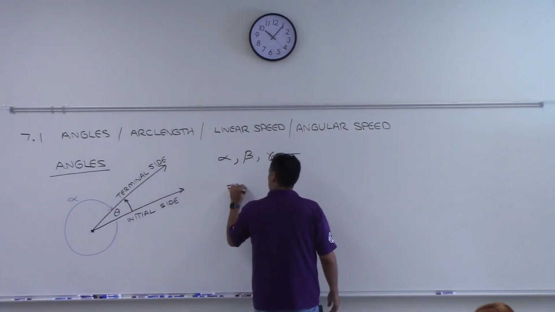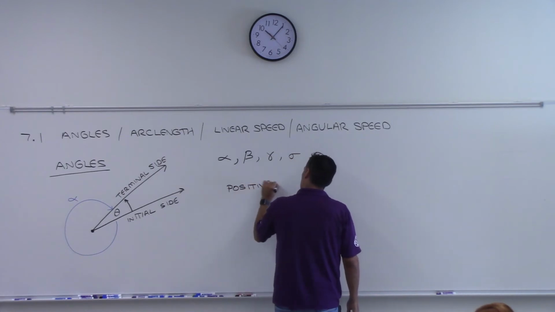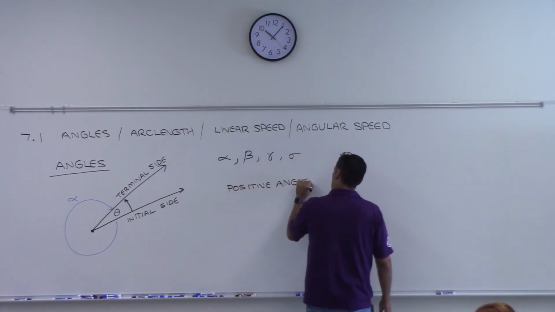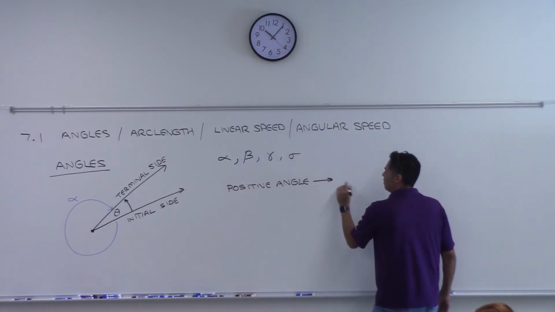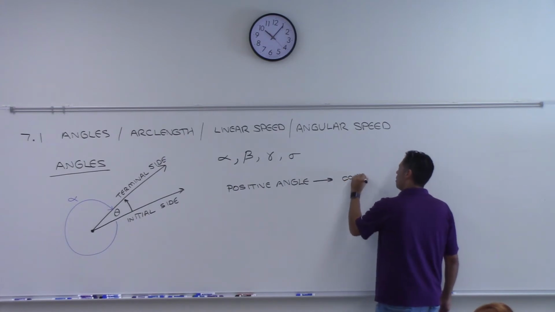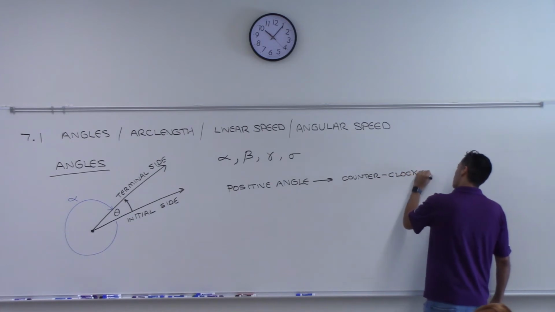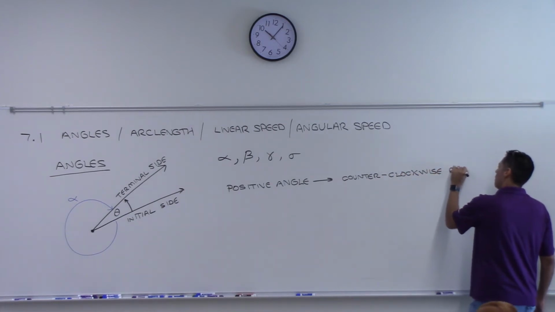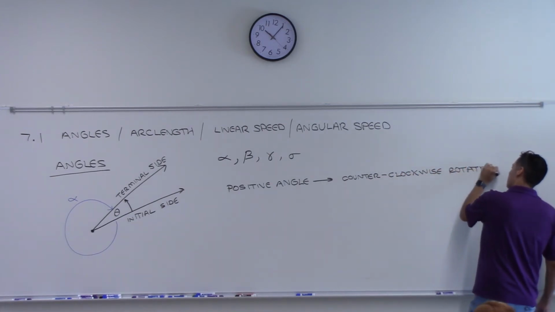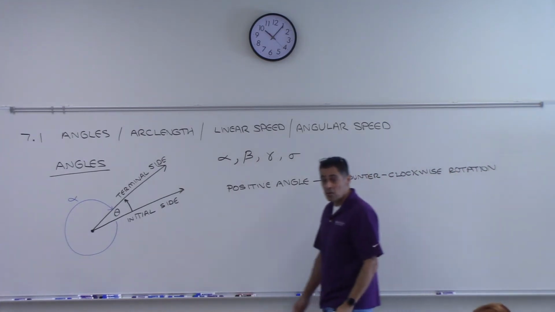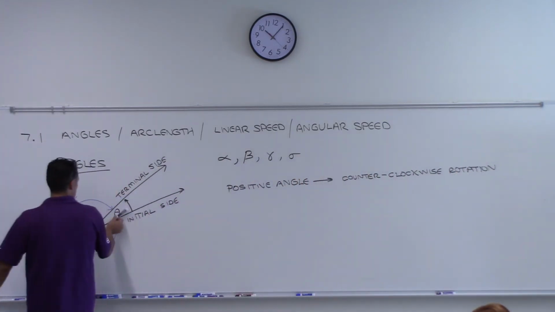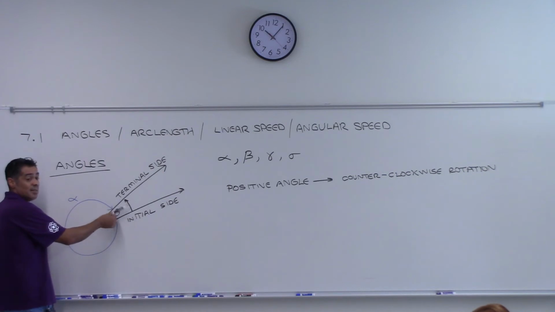Positive angles. A positive angle is what you get when you do counterclockwise rotations. All right? So anytime you go counterclockwise, we will call that a positive angle.